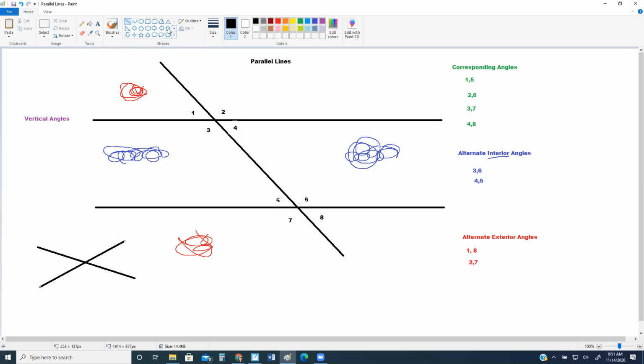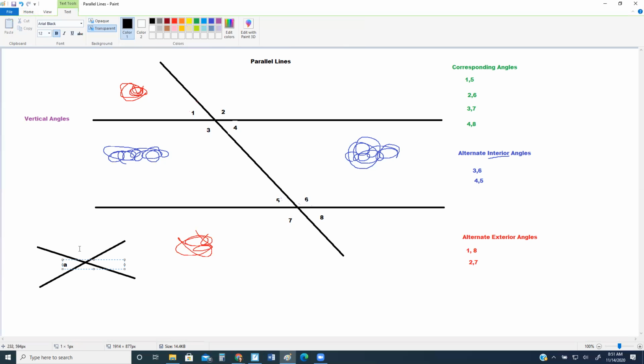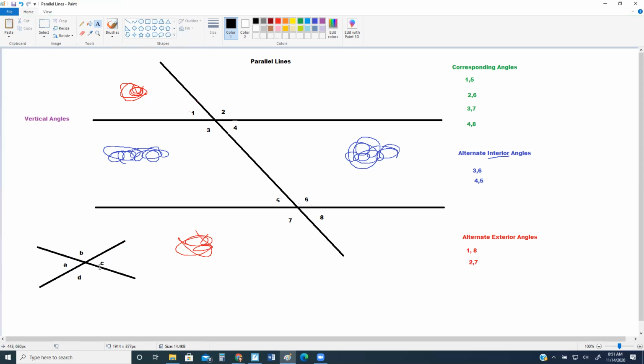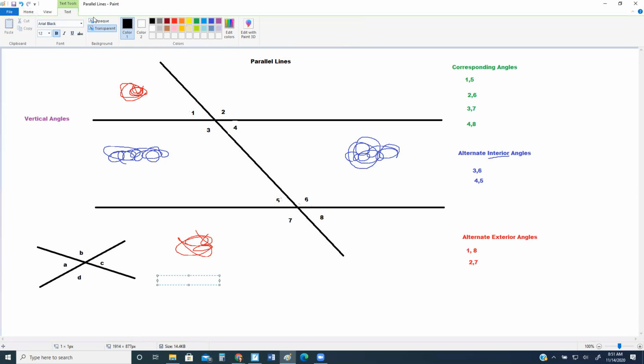translation over there. So if I look at A, B, C, and D, I can see that A and B are on a straight line. This is another one of our angle relationships that this unit really, really relies on, that the two angles on a straight line, A plus B, have to be 180.